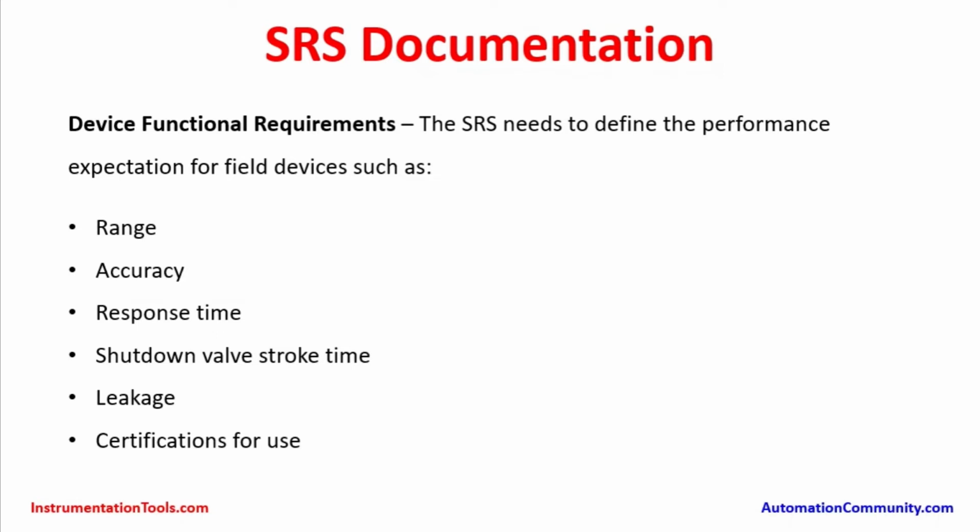The range has to be captured properly, the accuracy of the instrument has to be taken care of, and the response time, how quick the instrument has to work, has to be entered, along with the shutdown valve stroke time. The on-off valves, which act as a final control element, may have some stroke time, that operating time, that has to be clearly mentioned. They have to go through some leakage requirements as per the API standards, that has to be mentioned, and certifications for use.